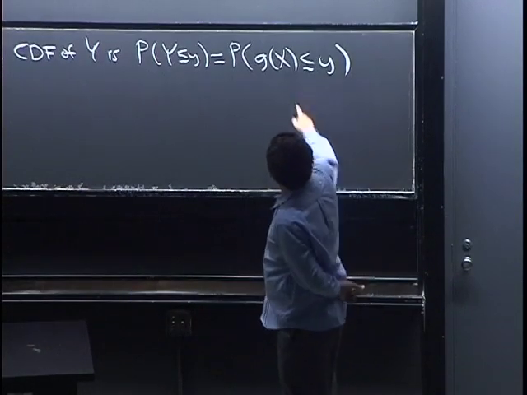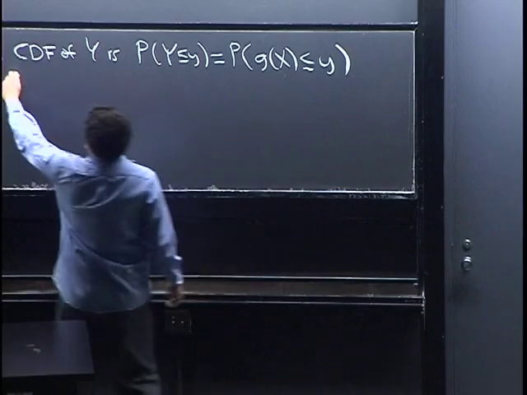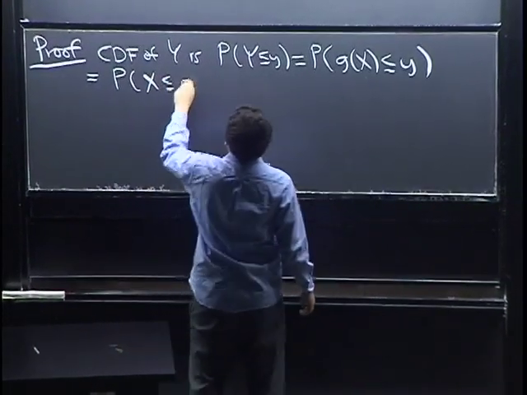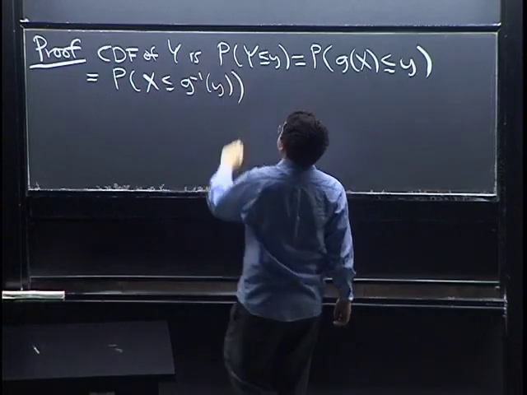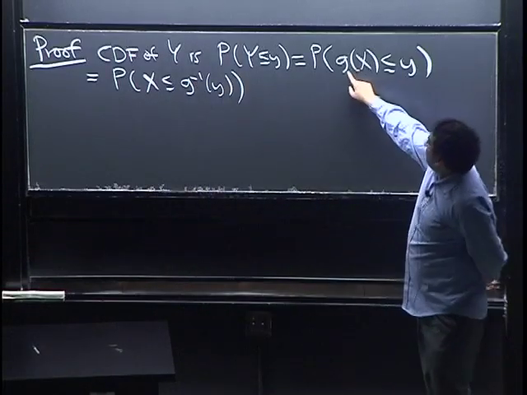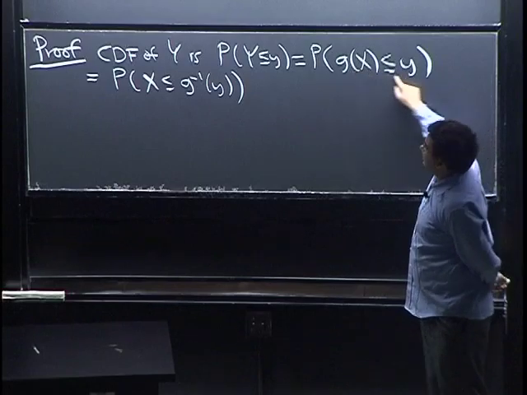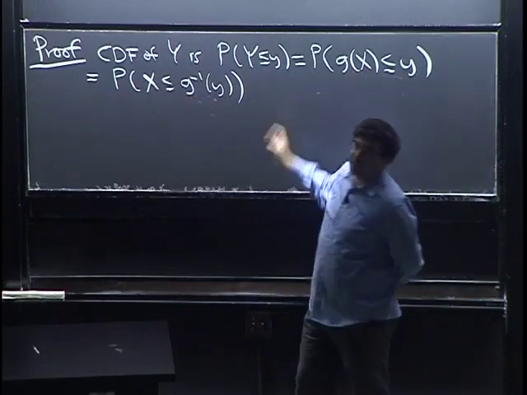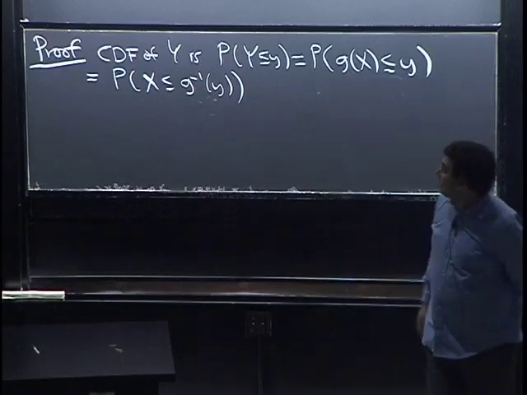So if we want, we can write this as P of x less than or equal to g inverse of y. Because I'm assuming this function has an inverse, this event is equivalent to this event. That is, you can get from here to here and from here back to here. It's just the same event written in a different way.